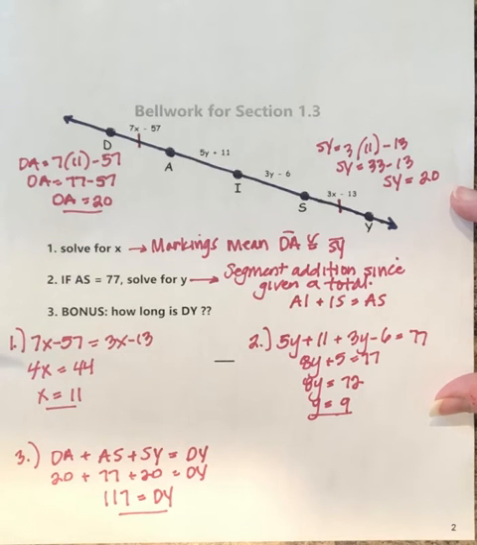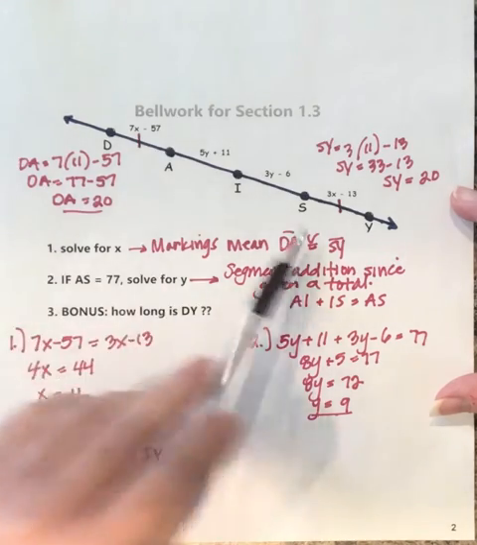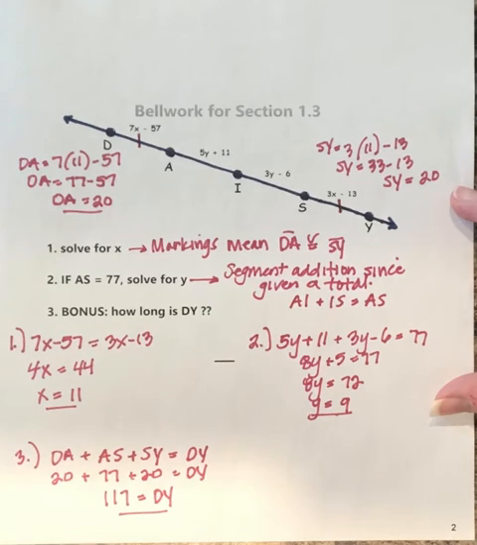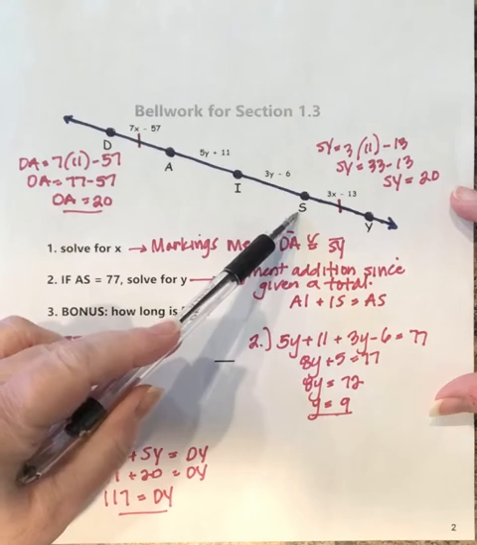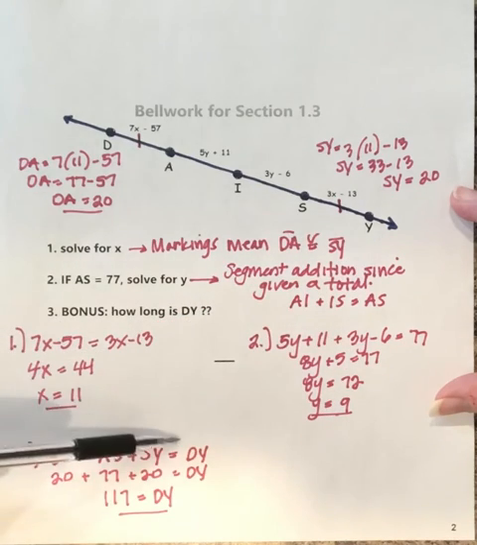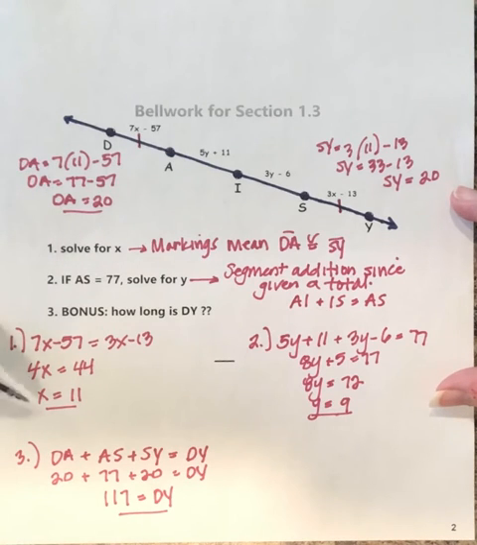For figuring out how long DY actually is, I'm just going to work to get some actual numbers to add together. So if I look at this figure and everything that I've done so far, I know that DA plus AS plus SY equals the whole thing, DY. That's how I thought about it first. I took my segment DA, I substituted in my value for x, worked my way through it, and got DA to be 20.